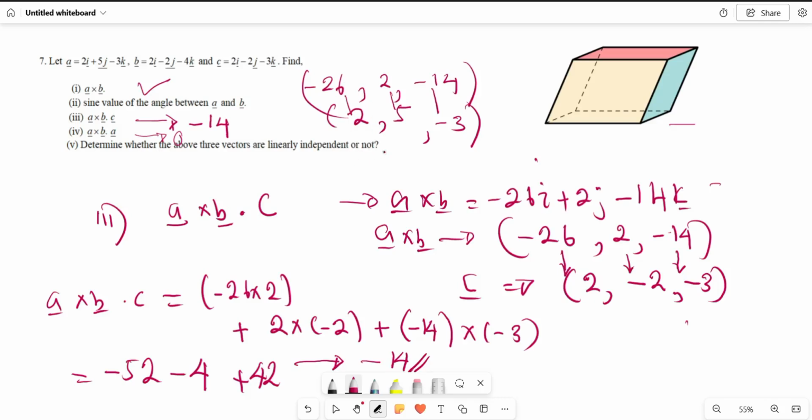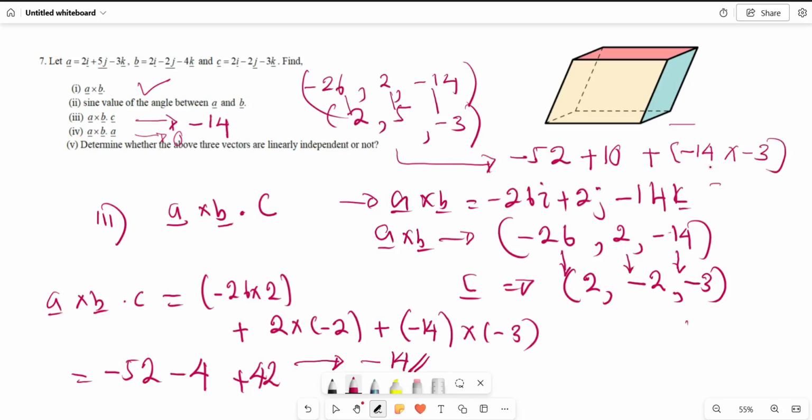Minus 26 into 2 is minus 52, plus 2 into 5 is 10, plus minus 14 into minus 3, which is plus 42.